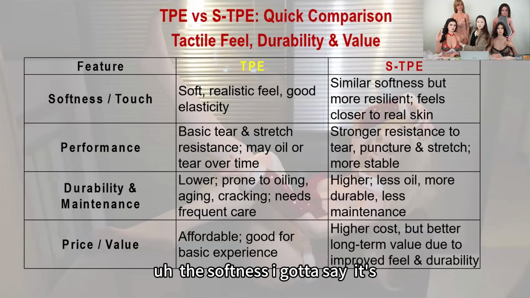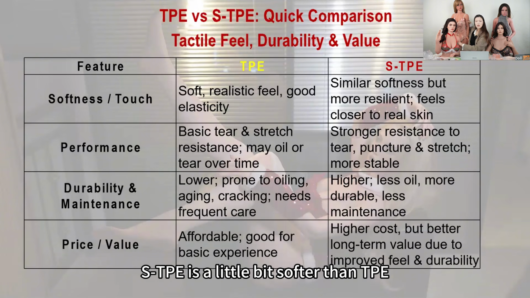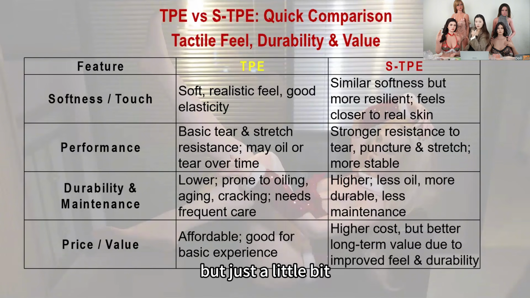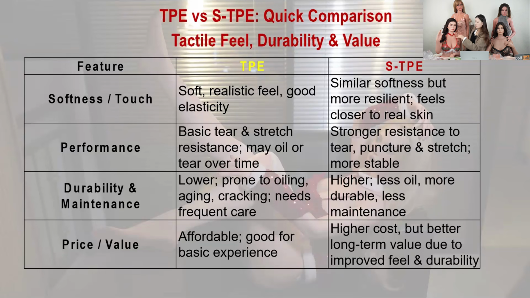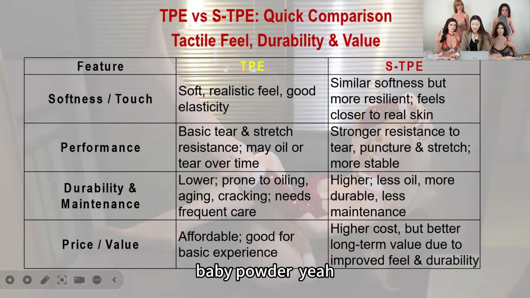The softness, I gotta say, STPE is a little bit softer than TPE, but just a little bit. Not a very obvious difference in softness. Yeah, and STPE is baby powder. Yeah, baby powder. You need to prepare that.